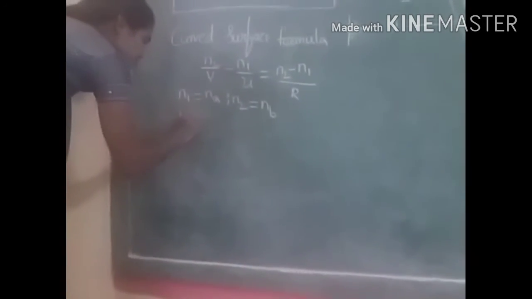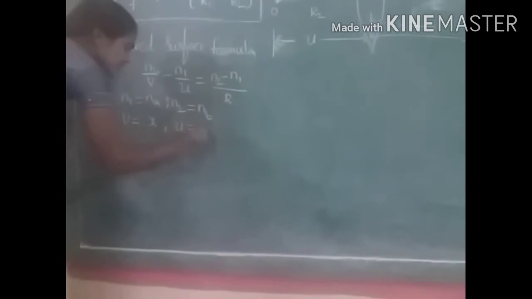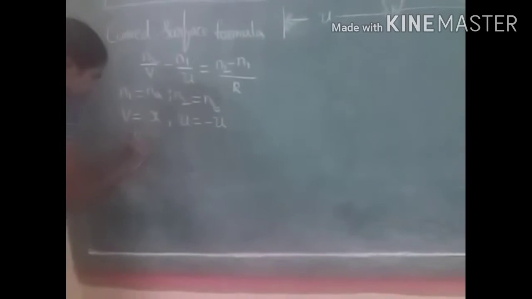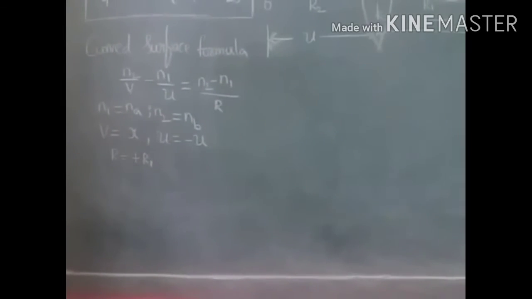The image distance v is x here, the object distance is minus u according to sign conventions, and r is equal to plus r1. We have to substitute all these in this expression.